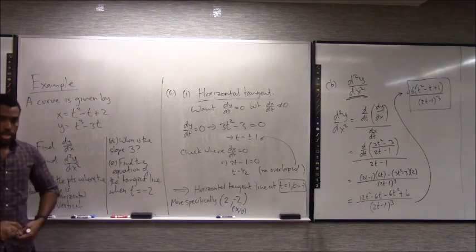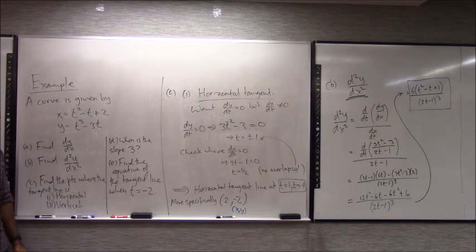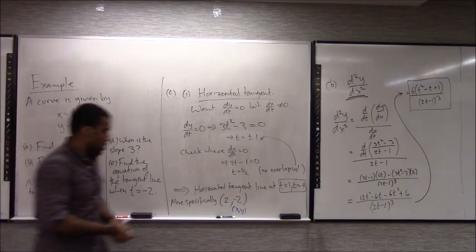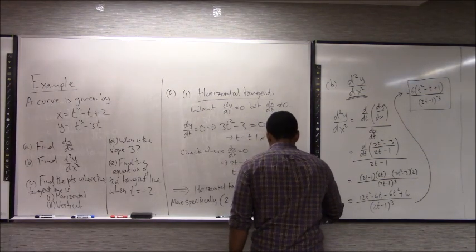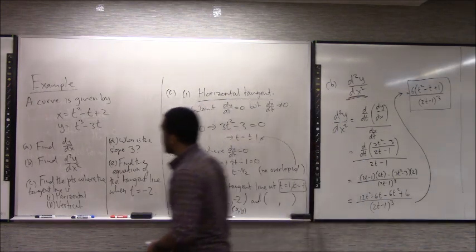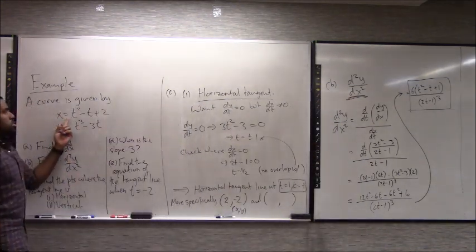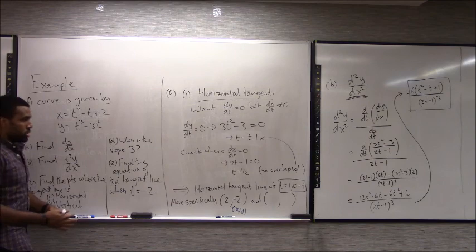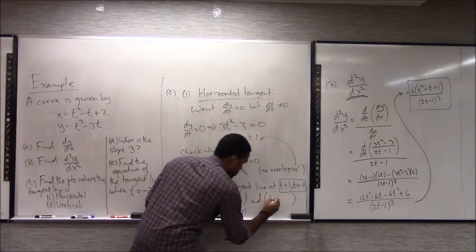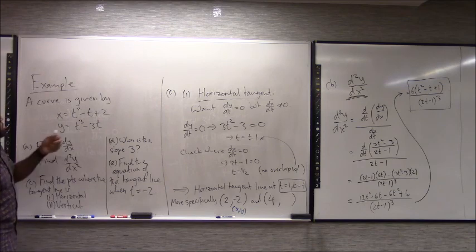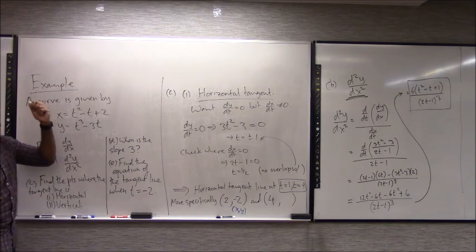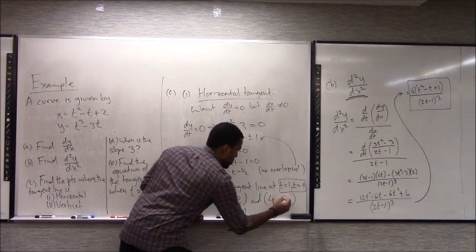There will be a horizontal tangent line at that point on the graph, as well as if I plug in minus 1, this ends up being 1 plus 1 plus 2. So that'll be x is 4, and if I plug in minus 1, this is going to be minus 1 plus 3, positive 2.